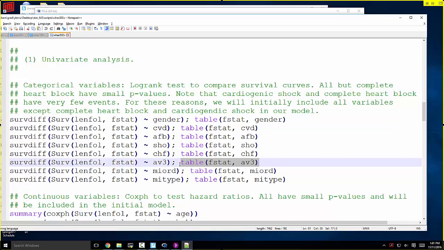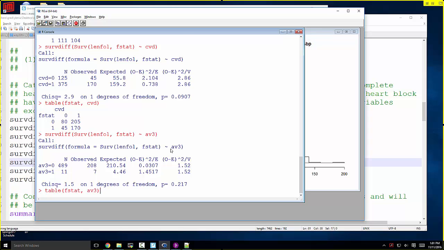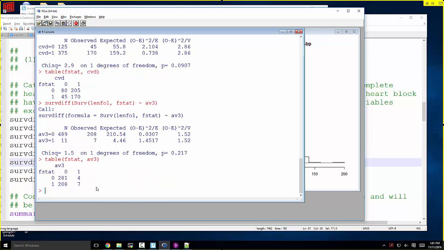If we also look at the tabulation of it, AV3 is interesting because it's a very rare event. Only 11 people out of our 500 had total heart blockage. It's probably because you die pretty quickly if you have it.